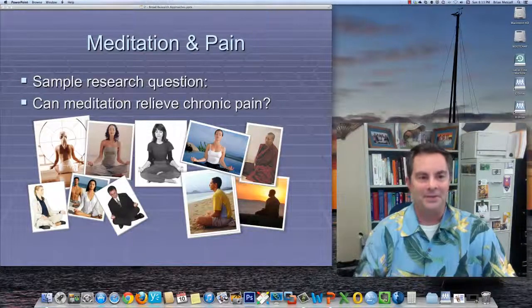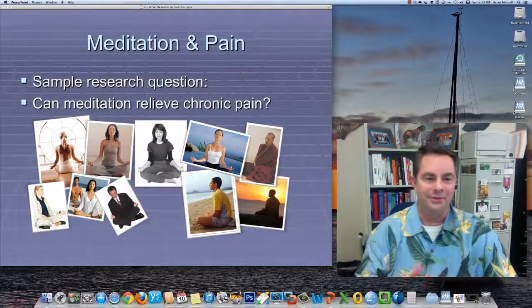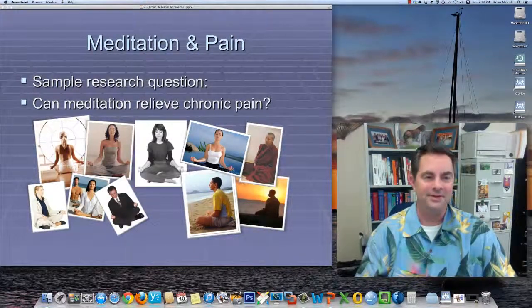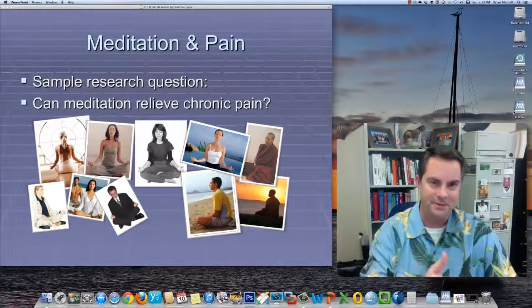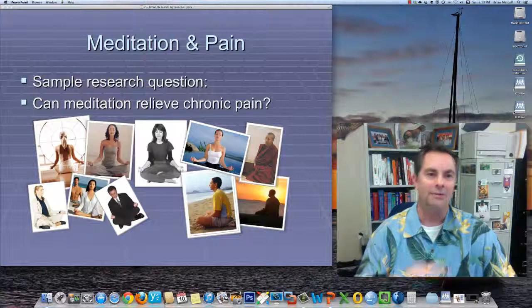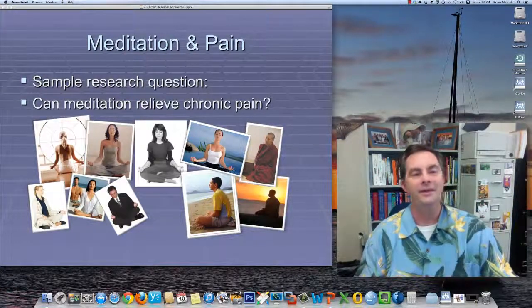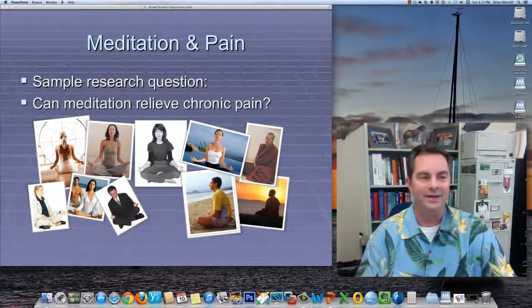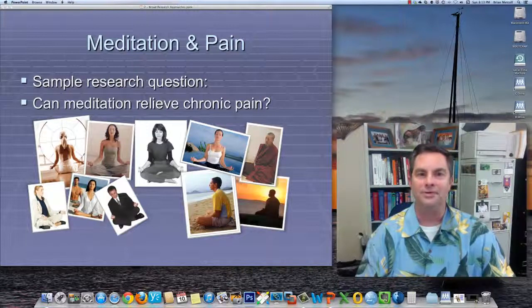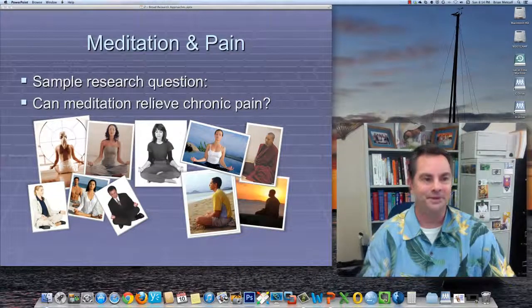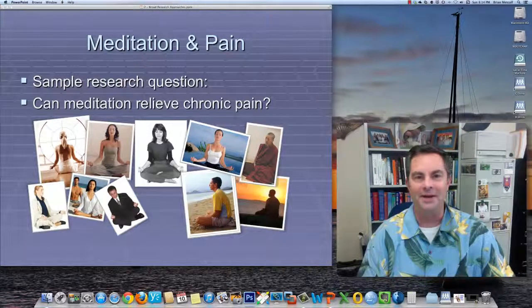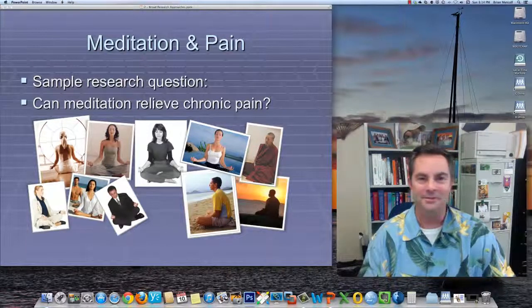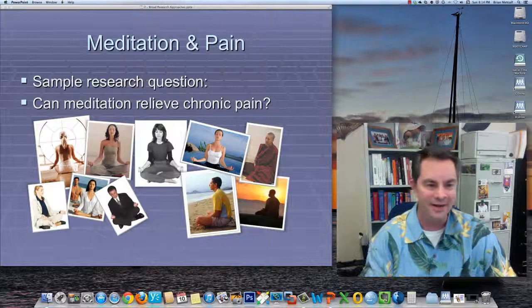So the example that I want to use is an experimental example. Let's imagine that we were going to do this quite simple design study. Our primary interest, pretend, is we want to know if meditation can help people who are suffering chronic pain. I went to Google to see what meditation might look like, and these are some of the first pictures that I found.